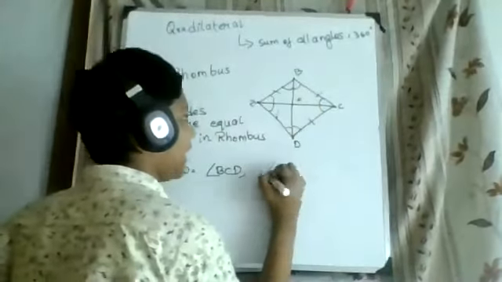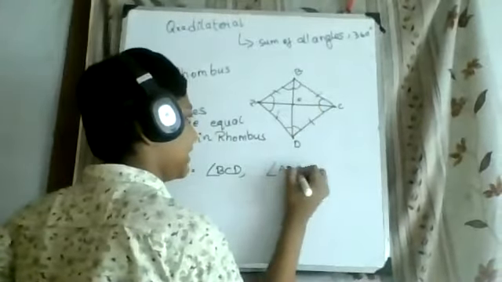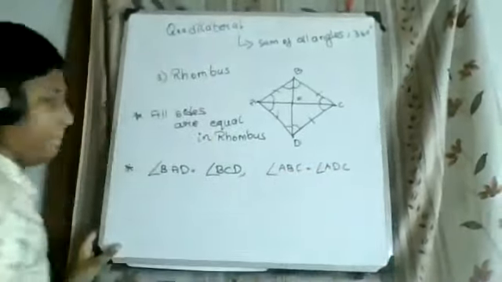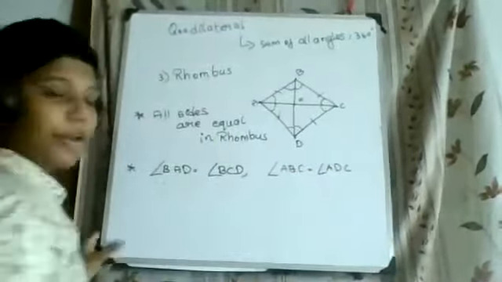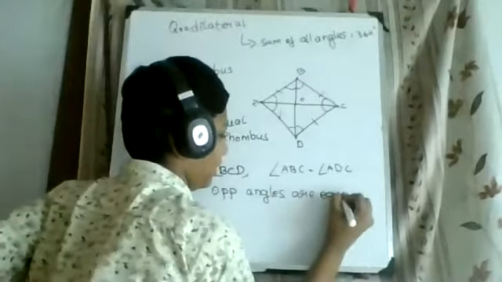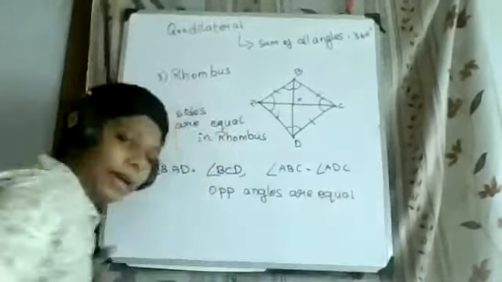Then from this we can tell angle ABC is equal to angle ADC. Now from this we can tell opposite angles are equal. Not all angles, opposite angles are equal. Okay. I proved how it came.